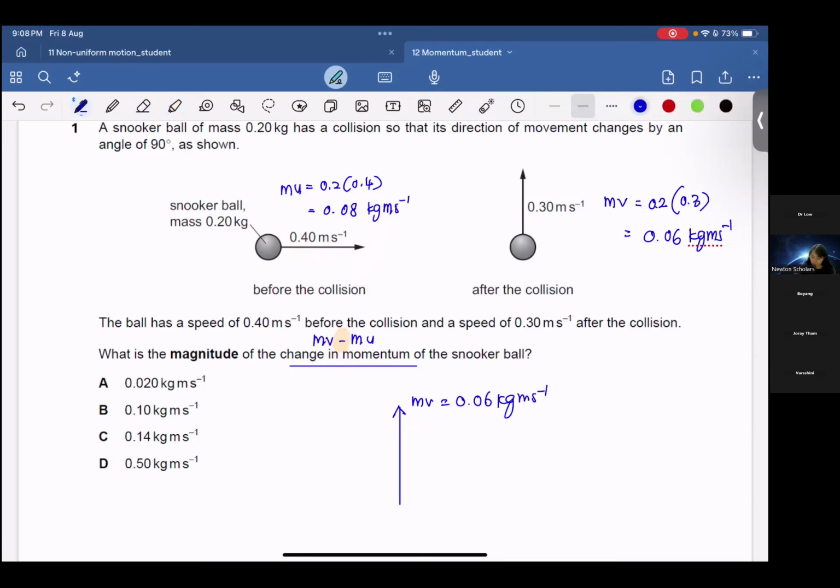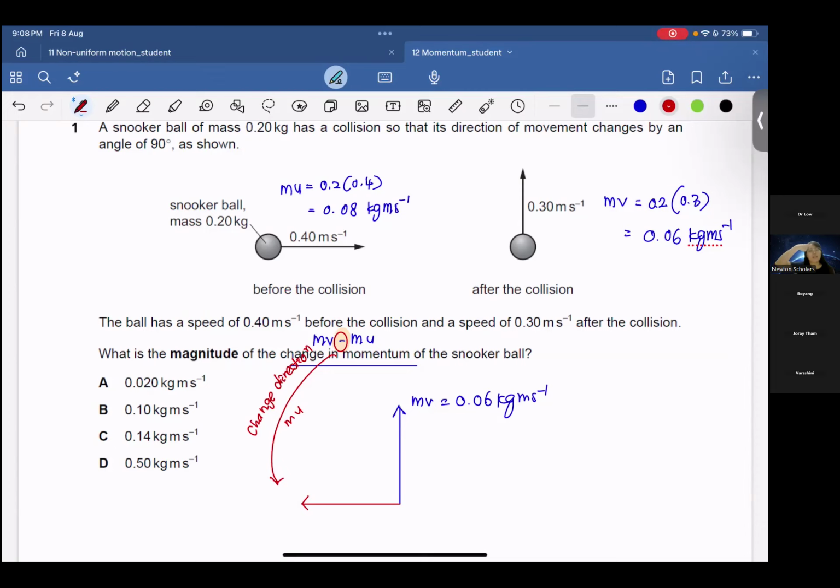Here minus means that our direction for the mu should be changed to the opposite direction. So this one, I use a red pen. This should be changed direction. Minus, that's why for mu we change direction.